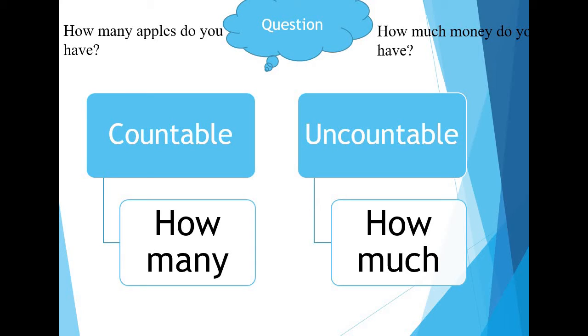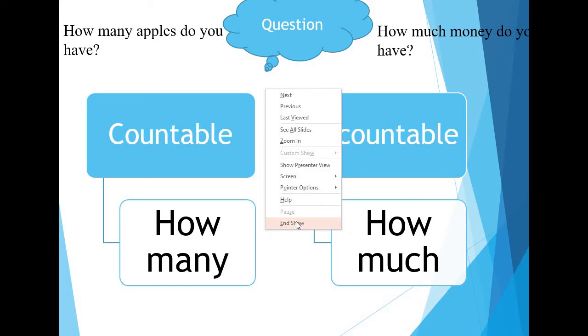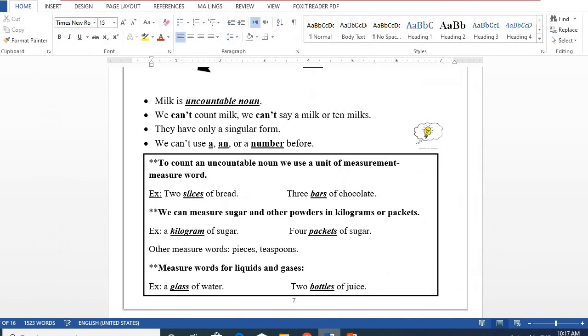Like, how many apples do you have? Or, if your sentence is a question and the noun is uncountable, you use how much. Like, how much money do you have? So that's all for the quantifiers: many, much, how many, how much, a lot of, a few, a little. Let's go to the booklet so we can see the questions.